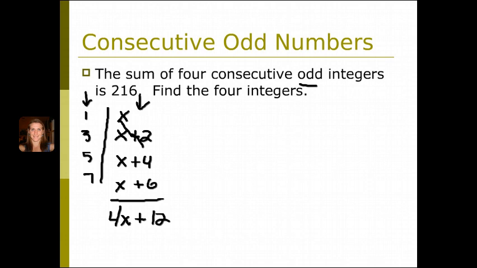And I'm going to plug that in. That should be 4x plus 12 equals 216. Subtract 12 from both sides.